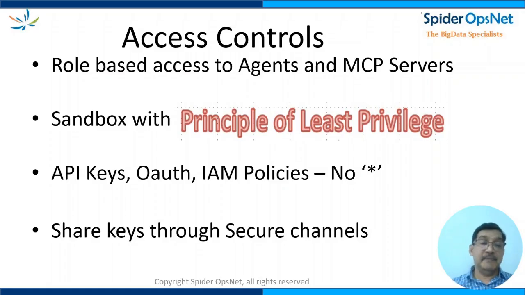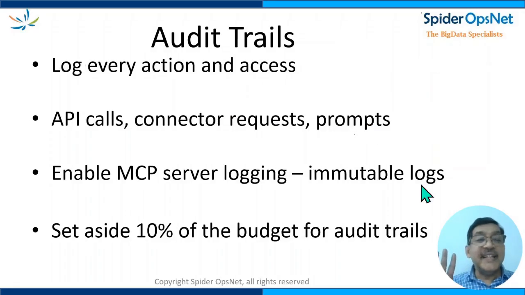Third pillar, audit trails. Make sure you log every action and access. That includes API calls, connector requests, prompts, so that whatever happens in the system gets recorded.